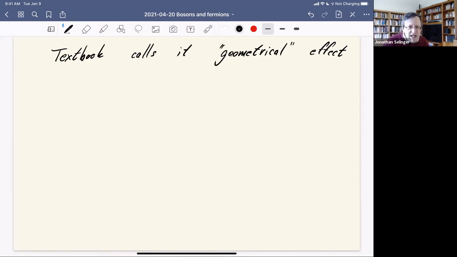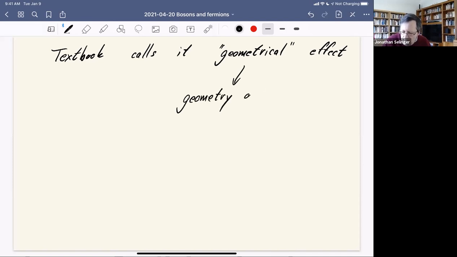Where's the geometry? I think what they are describing is something in the geometry of Hilbert space. So not in the regular geometry of the one-dimensional box, for the example that I gave you, but in the geometry of Hilbert space, about what states are allowed in Hilbert space.